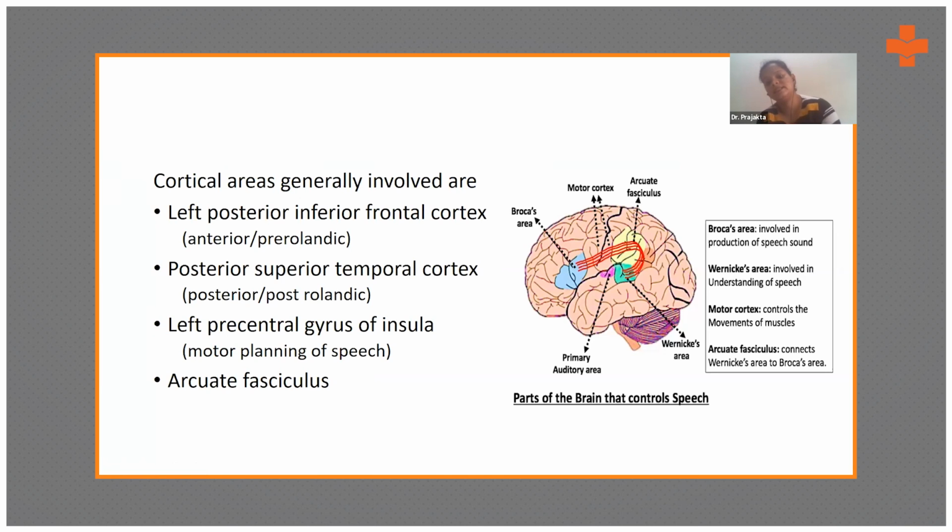Now, this perisylvian area is supplied by the MCA, that is the middle cerebral artery. So usually an infarct of the middle cerebral artery of the left hemisphere has been found to have a lot of cases of aphasia.